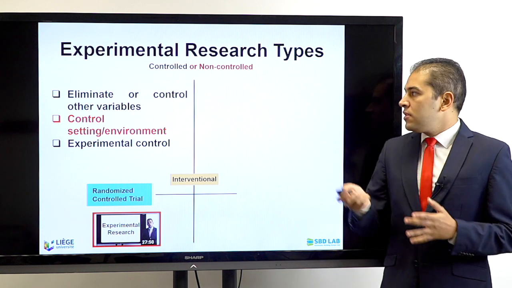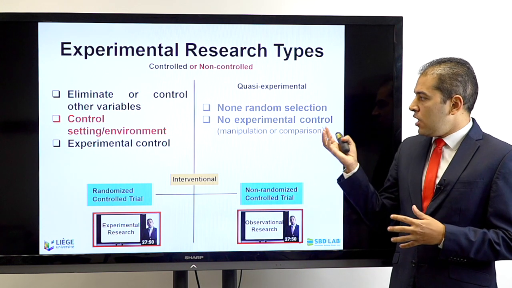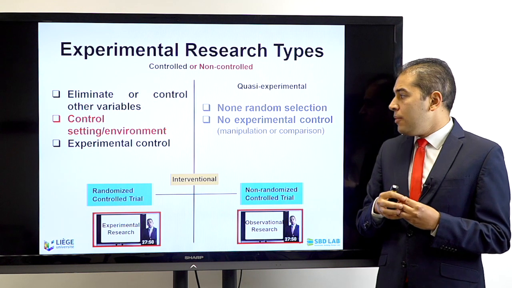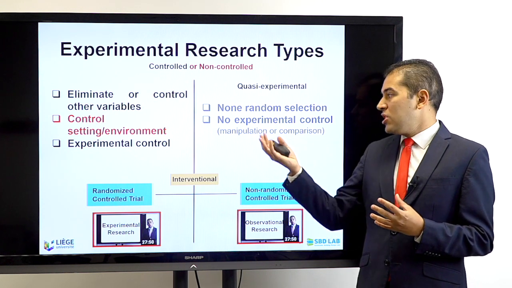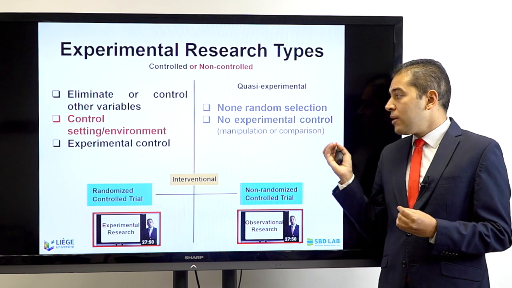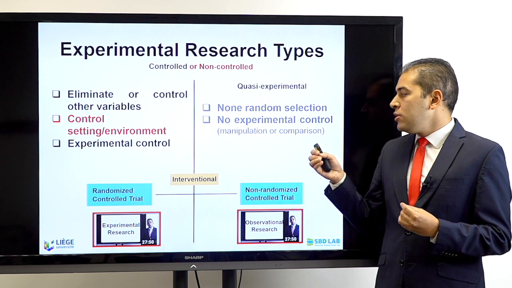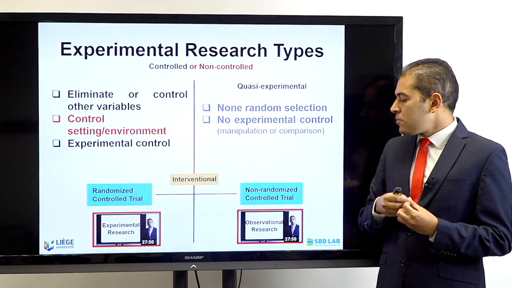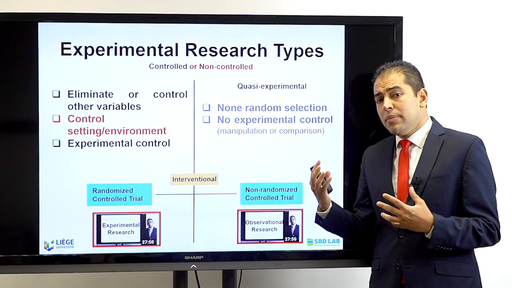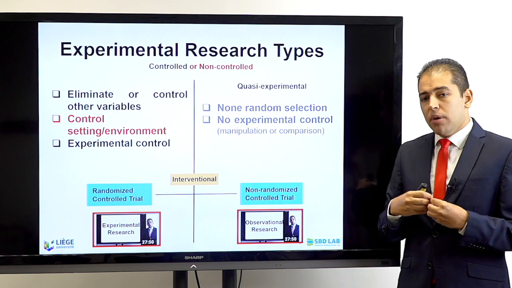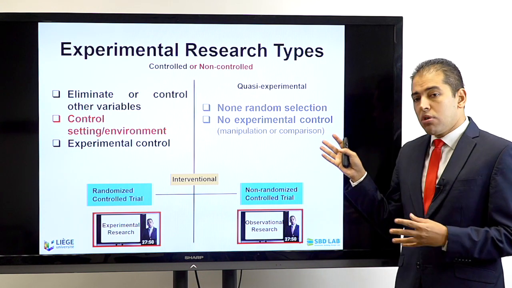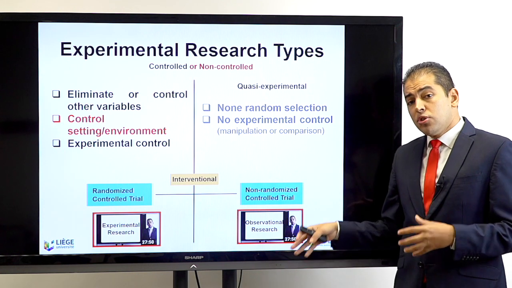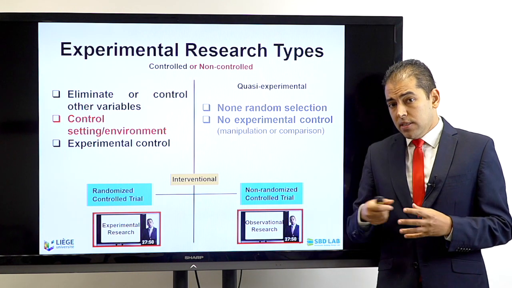If we look at other alternatives, like non-random selection approaches, where we have experimental research with non-random selection and no experimental control, we do more comparisons. Then we call that quasi-experiments, and I'm not going to cover that in my presentation today. This will be covered more in the observational research playlist or series.